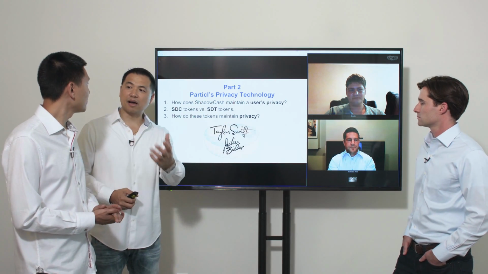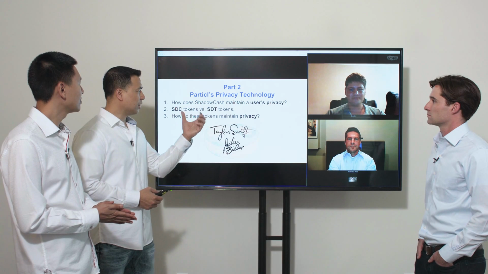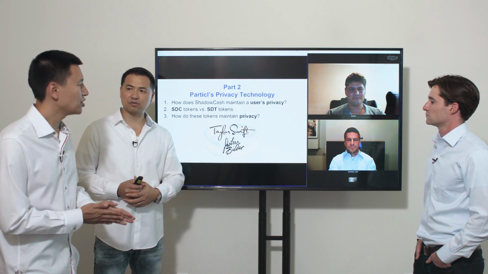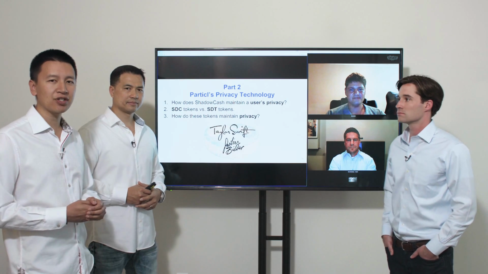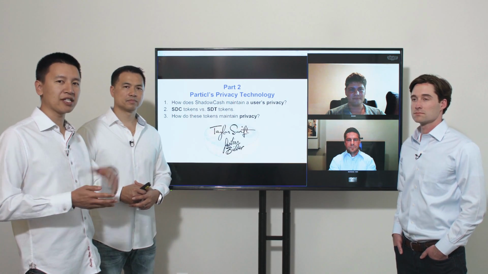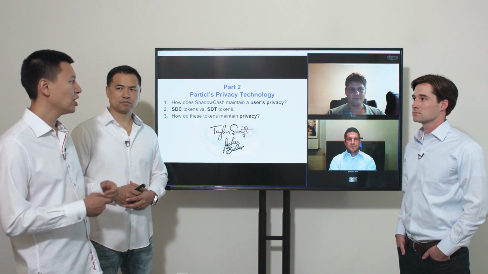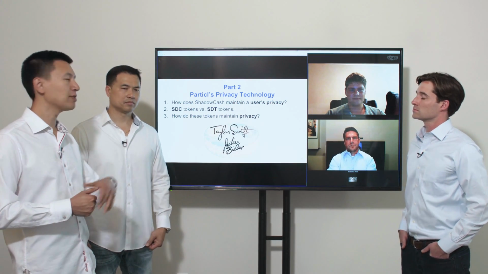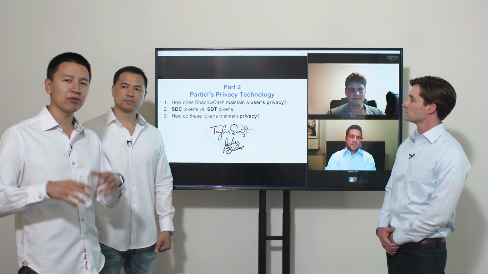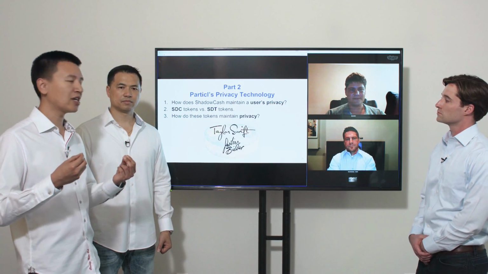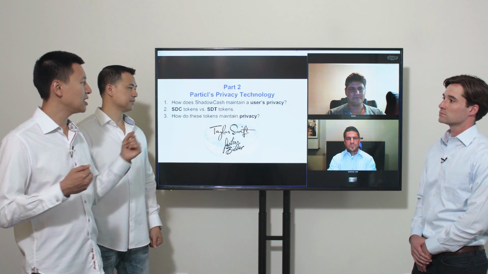So you want to explain to the audience how Shadow Cash used the SDC tokens and the SDT tokens? Sure. Based on our research, Particl has its history in Shadow Cash, which protected a user's privacy using ring signatures. We did a big series explaining that. What Shadow Cash did was they had these two tokens, SDCs and SDTs.